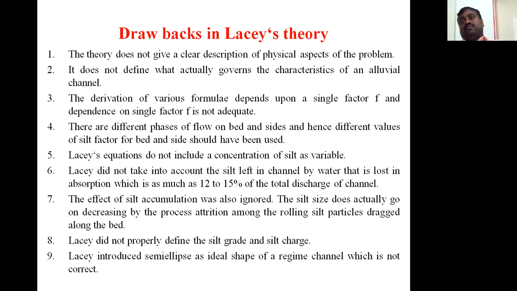Now moving to the next drawback, there are different phases of flow on bed and sides, and hence different values of silt factor for bed and side should have been used. So practically there will be flow at a different phase both at the channel bed and the side. So a different silt factor should have been used for bed and side.